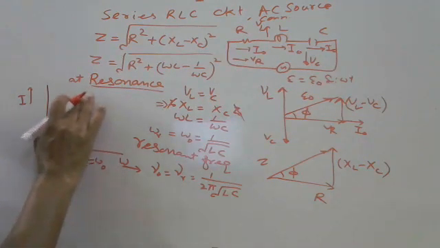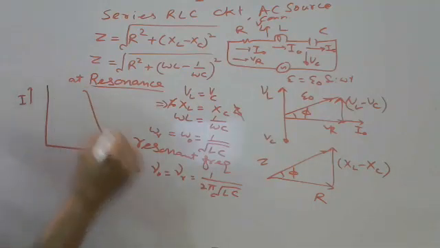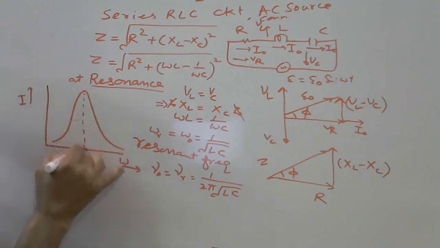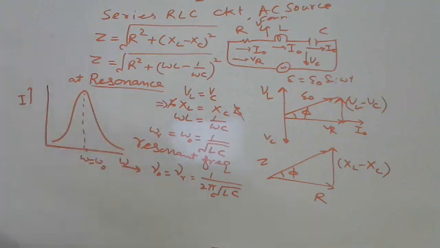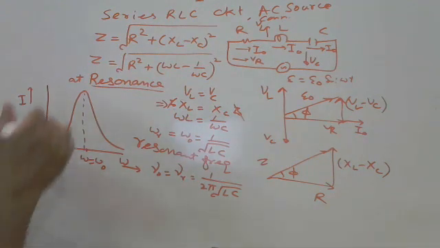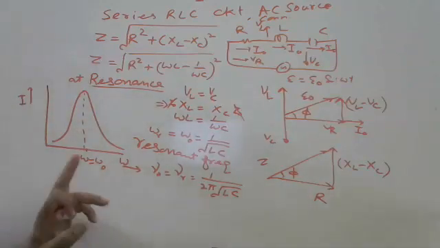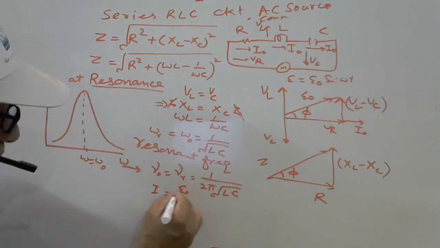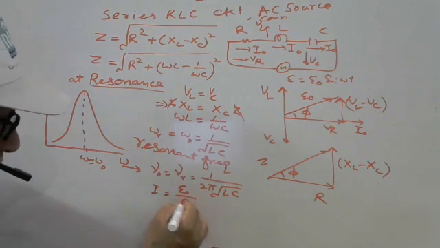We are getting this sort of curve. Okay, so this is the curve we have seen already, I and omega. It depends only on R. So what is I? I is equal to E naught by Z minimum, that is R.